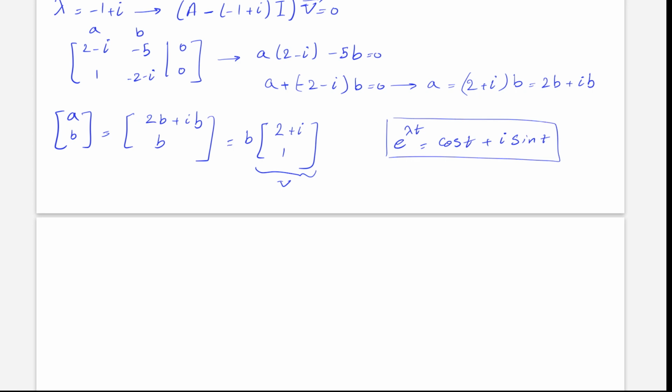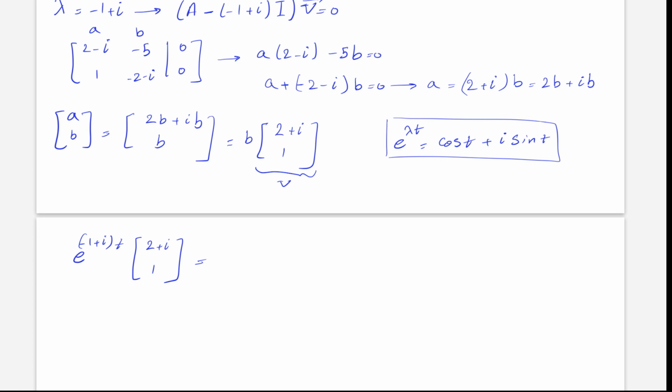So what will be our answer? Well, for one specific solution, it will be e to the power of our lambda, minus 1 plus i, times t, times the eigenvector, which is (2 plus i, 1).